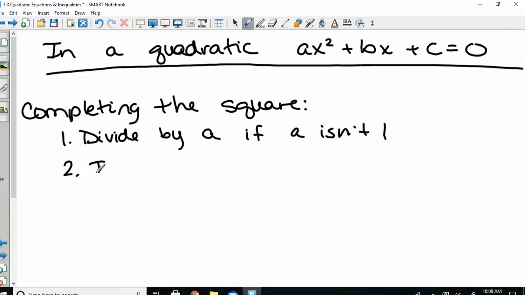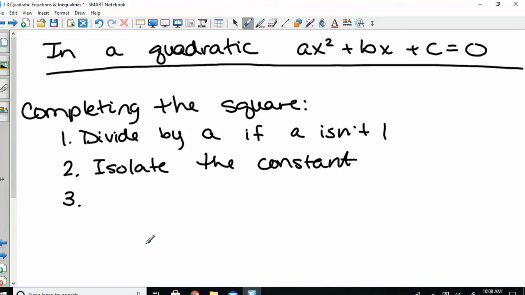Step 2, we want the constant on the side by itself, so we will isolate the constant. Step 3, we want to make a perfect square, so we can do the square root method.